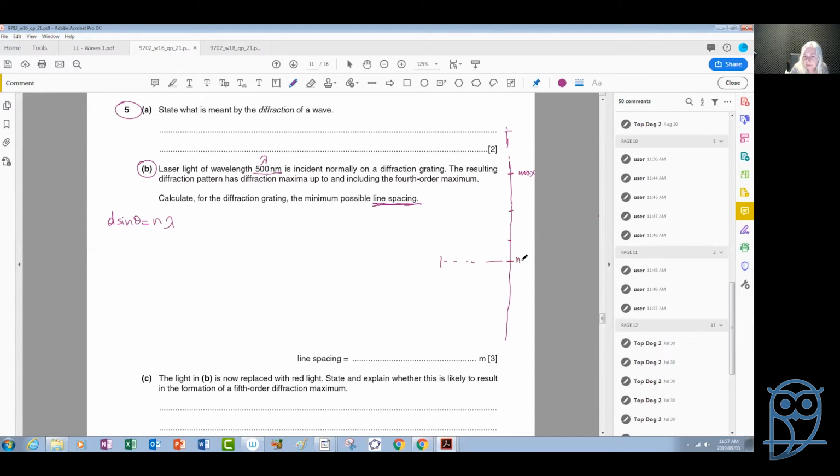The first one is here with n equals 0, the next maximum is at n equals 1, the next n equals 2, and so on. So the line spacing is what they want us to find: this d.